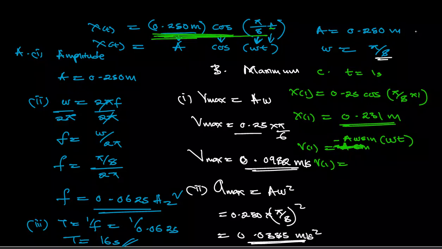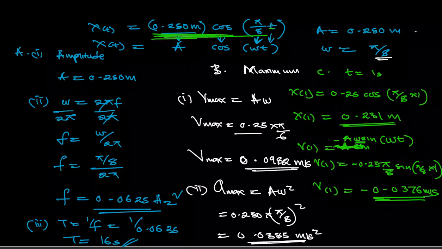Our amplitude is still 0.25, negative 0.25, then the angular frequency there is pi over 8, then sine pi over 8 multiplied by 1. As usual, velocity is going to be negative since we have the negative sign there. So the velocity is going to be equal to negative 0.0376 meters per second.